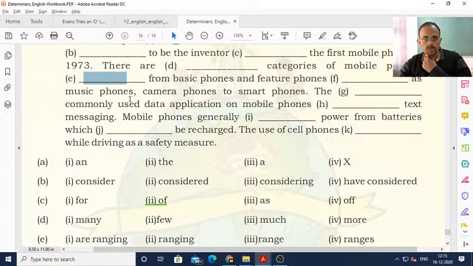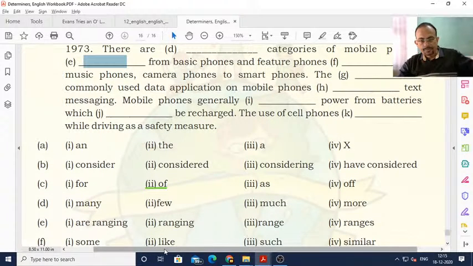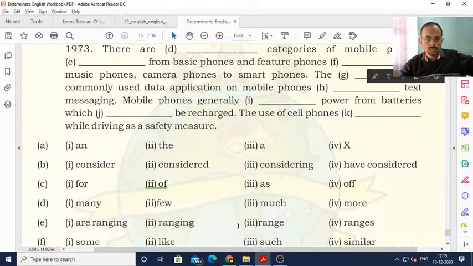Dash as music phones. Like, I think, no, it should be such. Because as is given here, so it should be such. There are many categories of mobile phones ranging from basic phones and feature phones, such as music phones, camera phones, to smartphones. This is the correct answer.